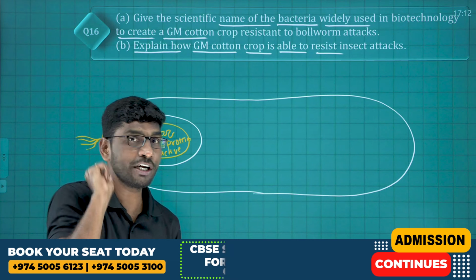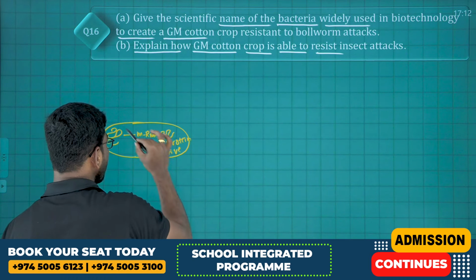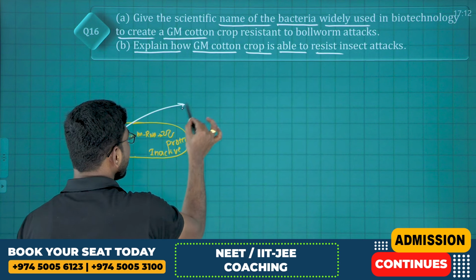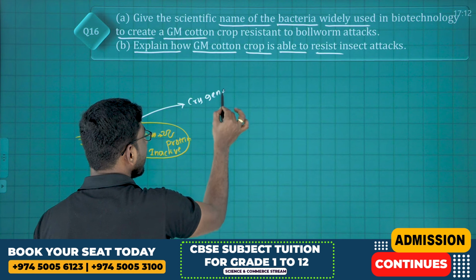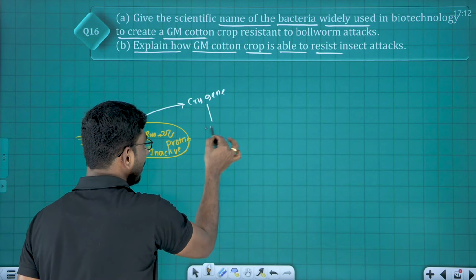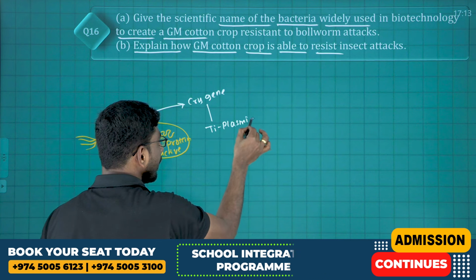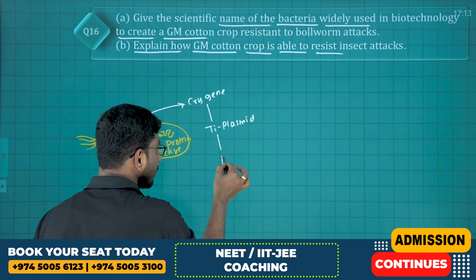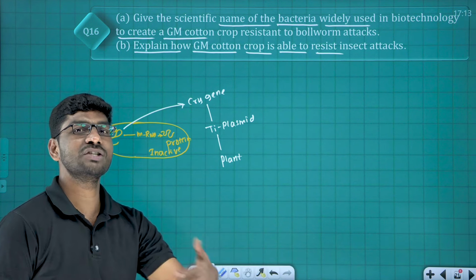Before that, you all need to understand something first. This cry protein gene, they isolated from bacteria with the help of a plasmid, and they introduce it into the plant. It's called a transgenic plant.